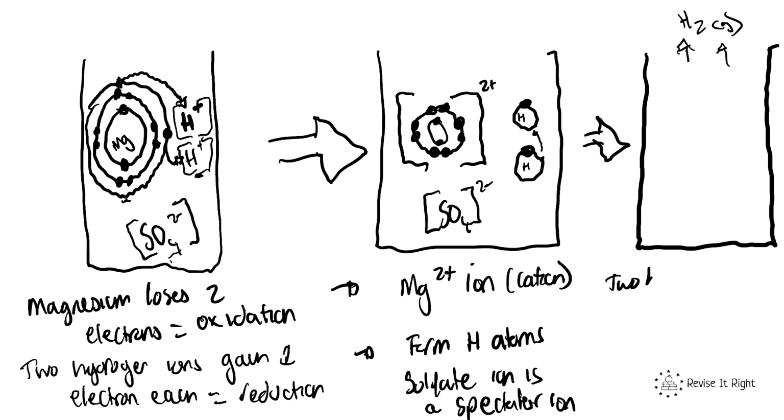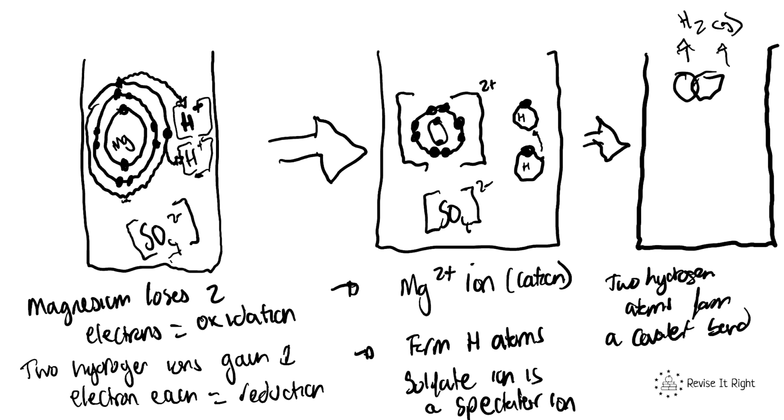So 2 hydrogen atoms will form a covalent bond, i.e. where they share their electron. So it looks like this. They form a covalent bond to make a hydrogen molecule.